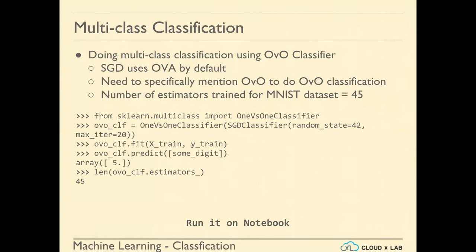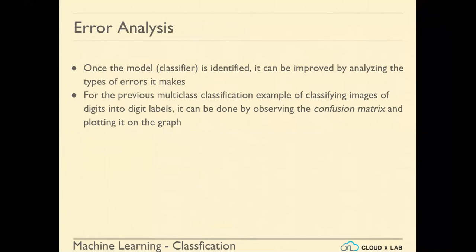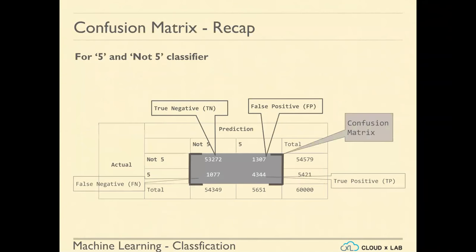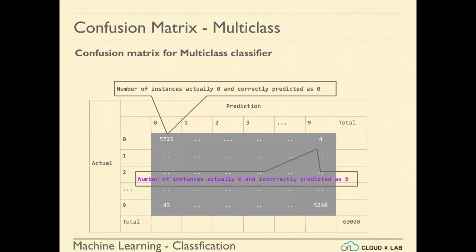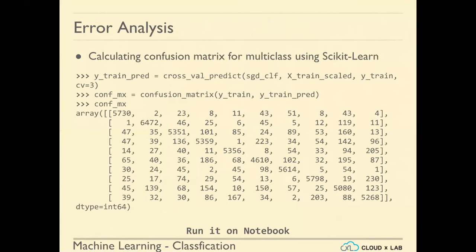So in our multi-class case, we used the OVA, because by default stochastic gradient descent uses the OVA.